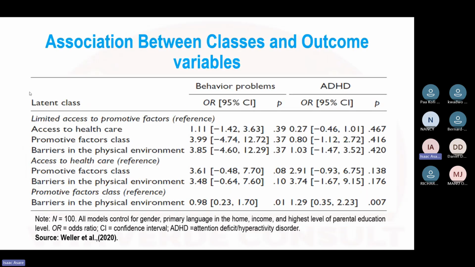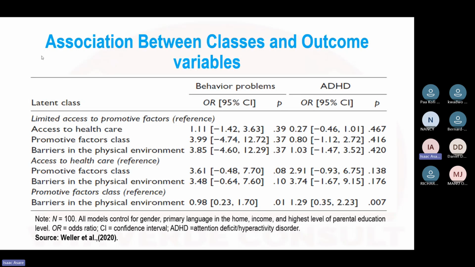Now, you need to be able to associate the classes with the outcome variable, which maybe your outcome variables are behavior problems or ADHD indicator, right? That is the attention deficits, right?